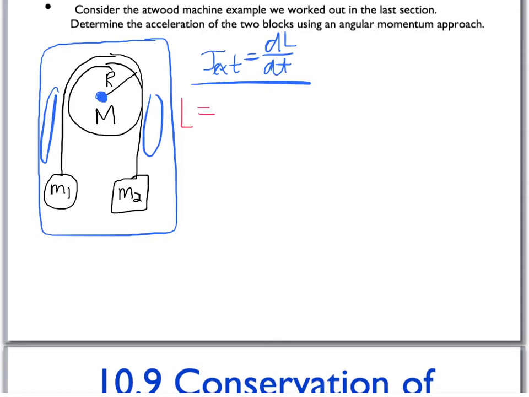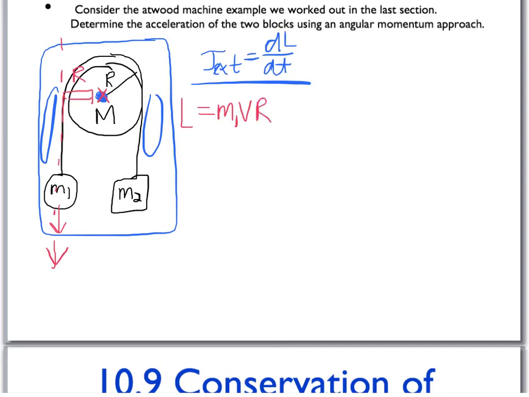M1 is going to have an angular momentum about the pivot point as it's moving in this direction here. And as it moves, its angular momentum would be given by its mass times its velocity that it's moving at times this distance r away. As we look at its line of motion, it is a distance r away from the pivot point.